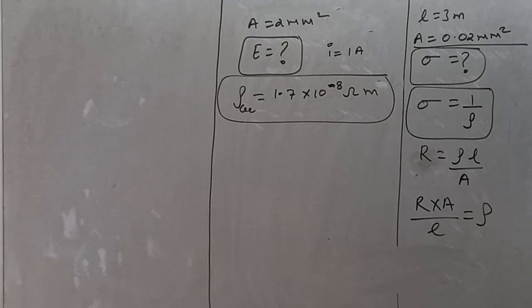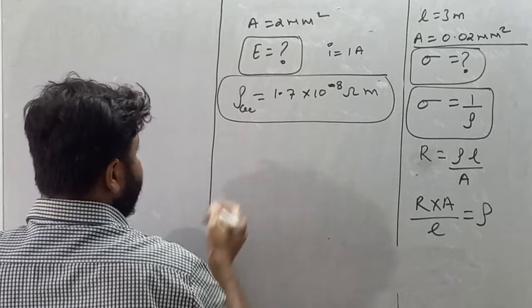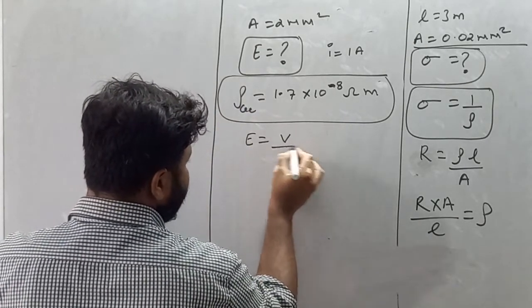So you have to find the value of the electric field. Current is given, area is given, resistivity is given. So we know that E is nothing but V by L.